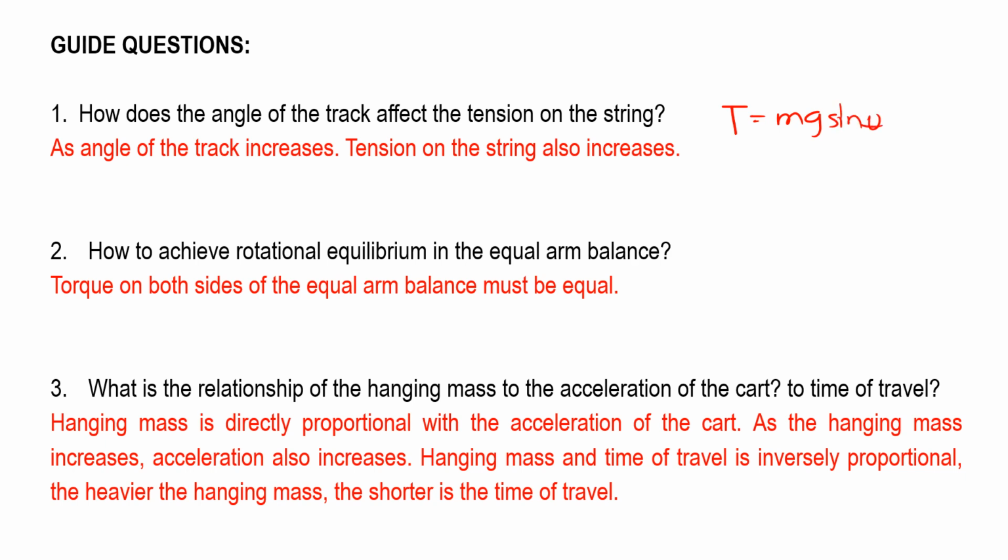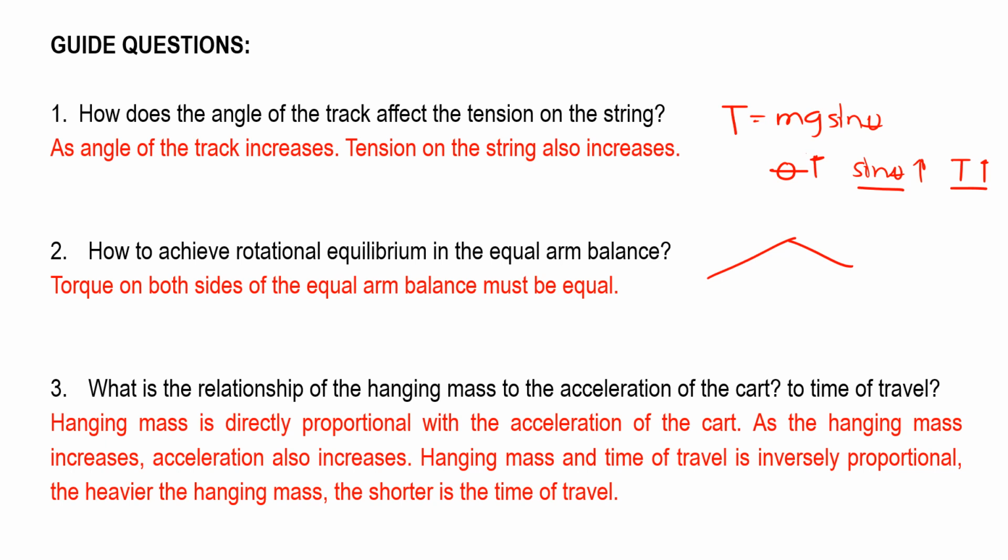So this is the formula that we derived last time, in which we can see here that as we increase the angle, there will be increase in the value of the sine theta, and then it will result to the increase also in the value of the tension. So we can see here that the angle is directly proportional to the tension. As angle of the track increases, the tension of the string also increases.